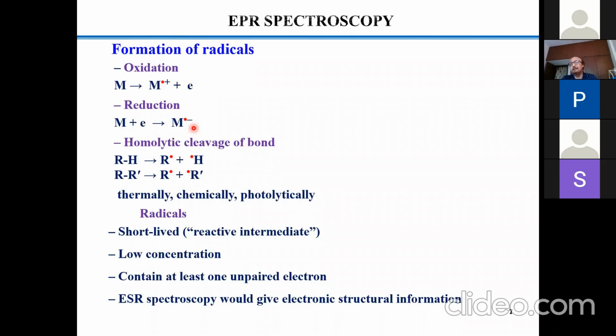The radical is generated, and even if it is very short-lived, you can freeze it immediately and record the spectrum at a very high scan rate, and you will get a lot of information, particularly whether the reaction is following the radical pathway or the non-radical pathway.